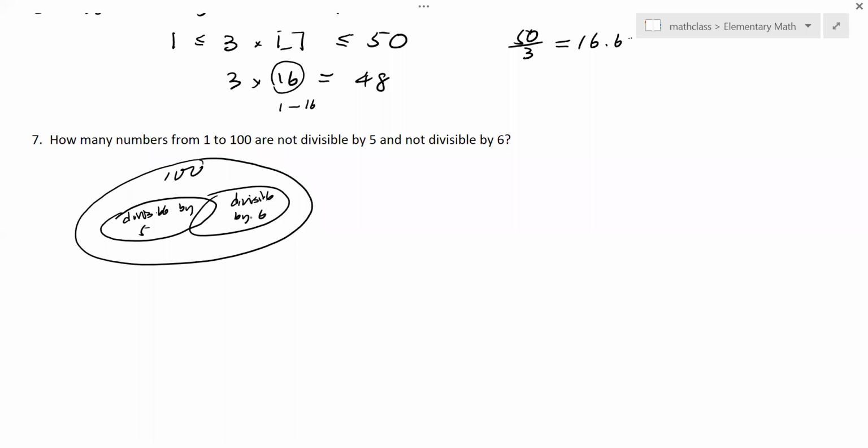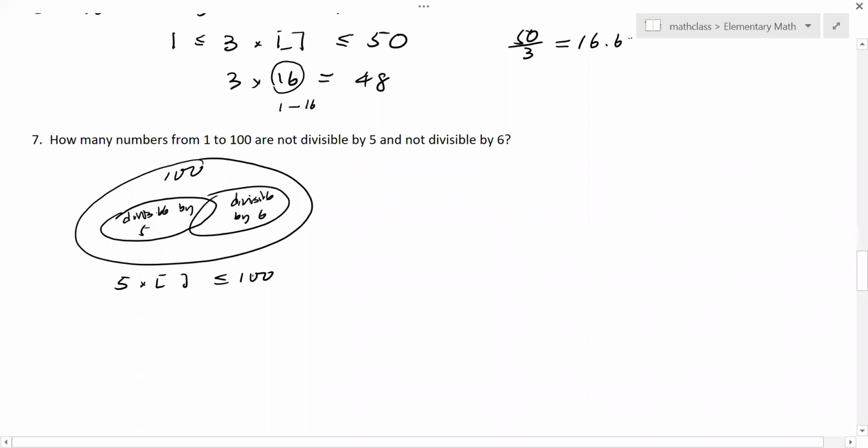I think we needed to find the total number of integers which are divisible by 5 or 6. So how many numbers divisible by 5 are less than or equal to 100?